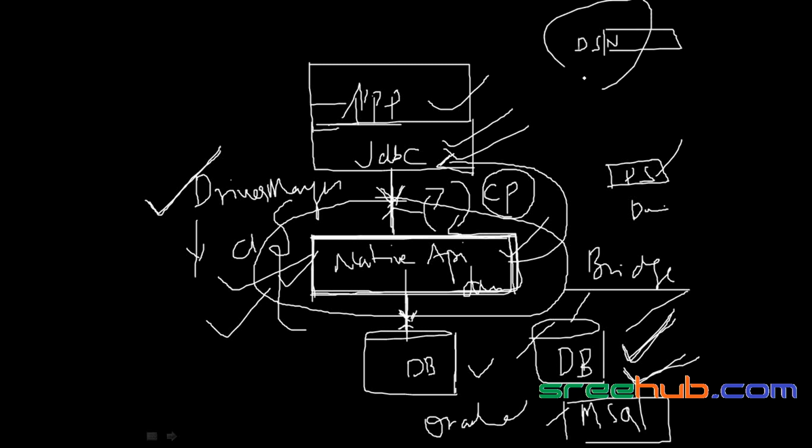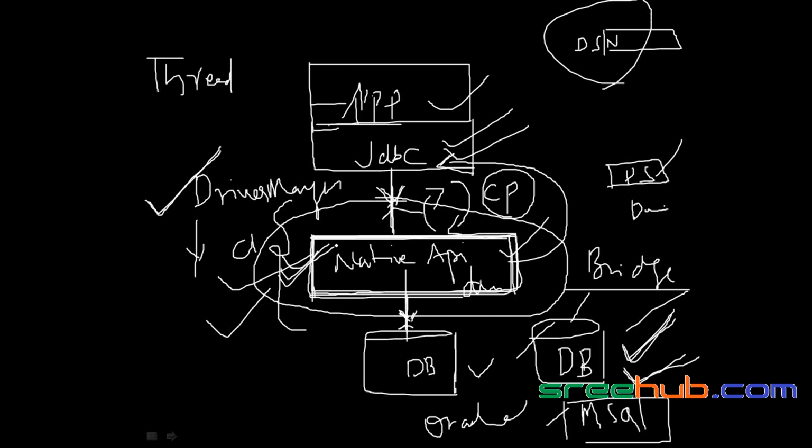And this native API is not thread safe again. Your native API protocol, which we are talking about here, is not thread safe. If you are creating multiple threads in your application and multiple threads are accessing the same JDBC, then obviously it will be killing your request.